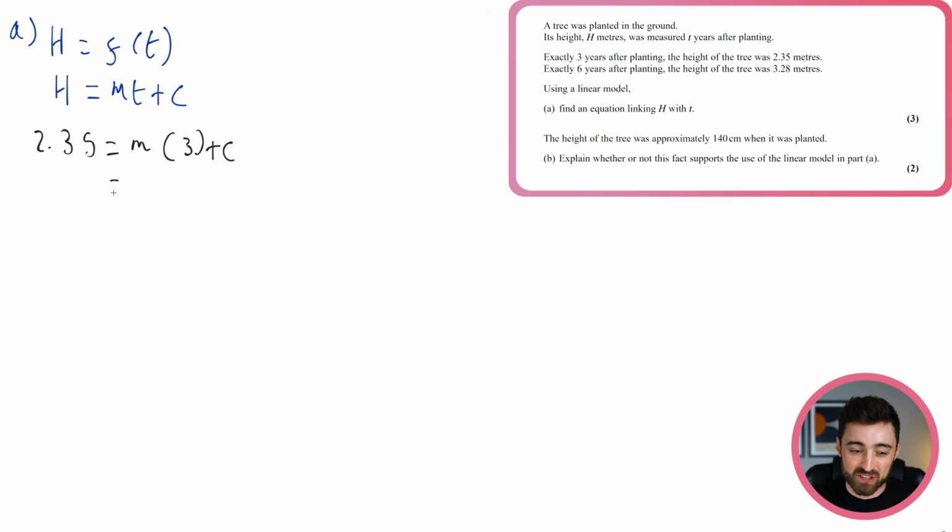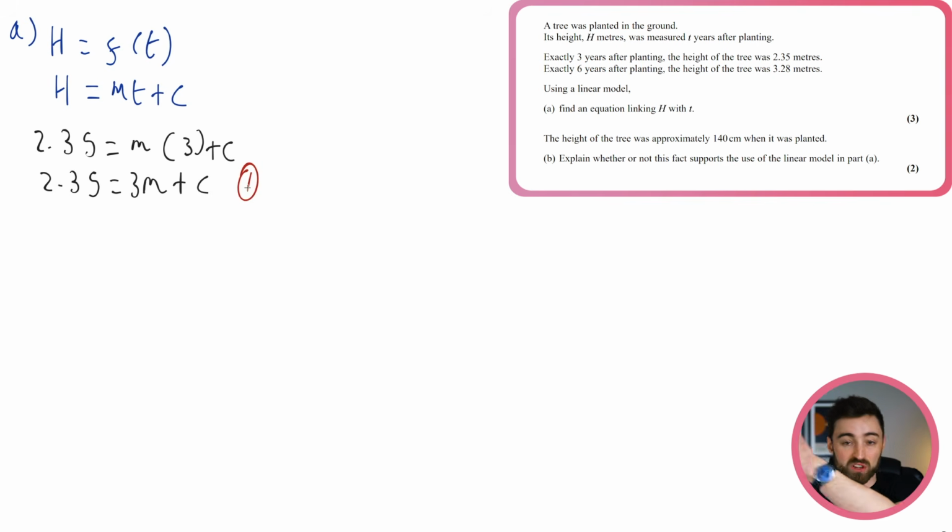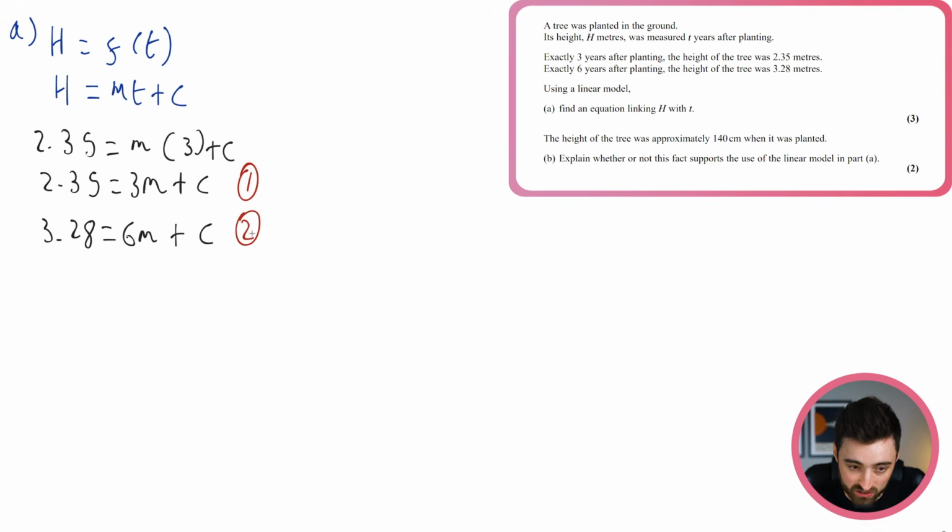I reckon so. So what's that? 3m plus c. Again, I've still got two unknowns, so I've not really got enough information here, but I've got another piece of information there, which says 6 years after planting it was 3.28. Therefore, I could say that 3.28 is equal to 6m plus c, and I could call that equation 2.